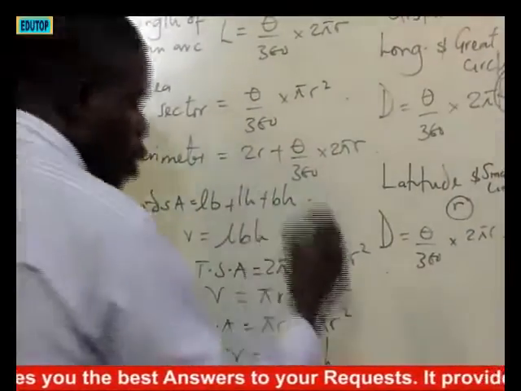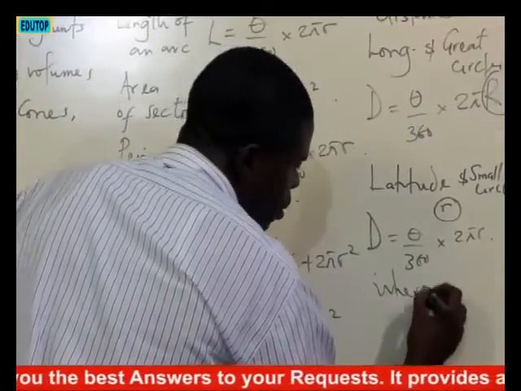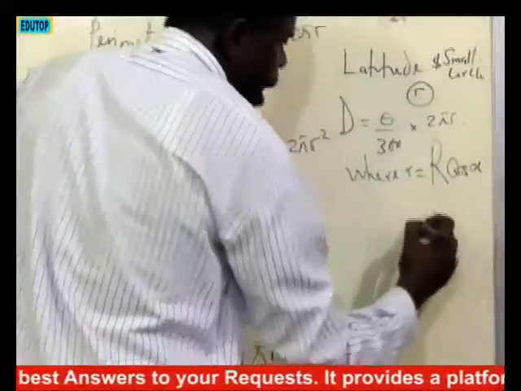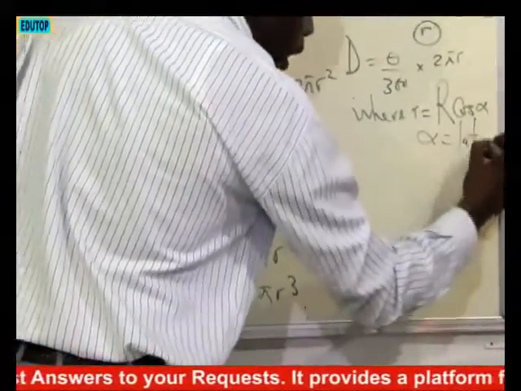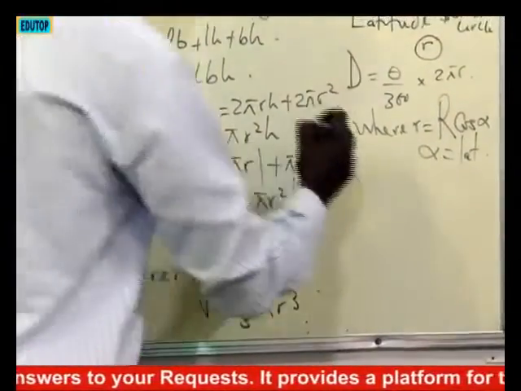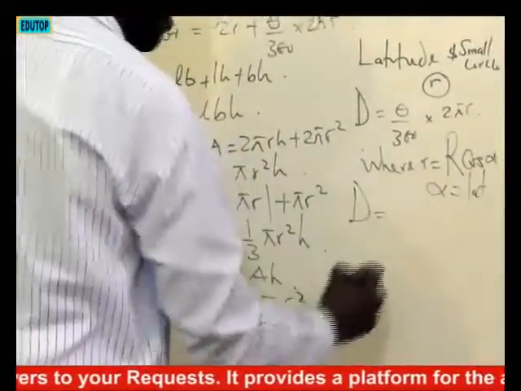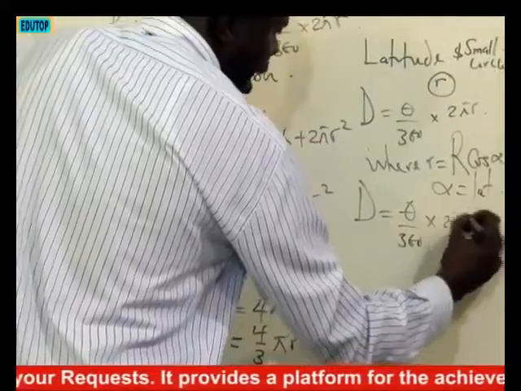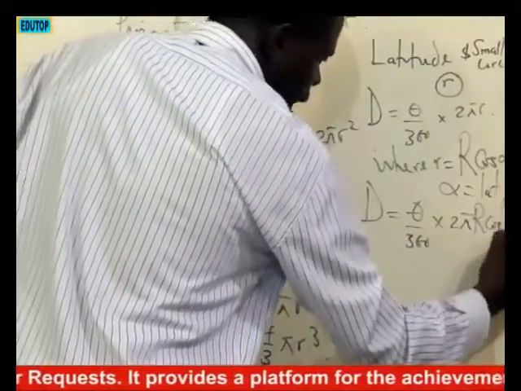Take note of that. Where small r is equal to what? Capital R cos alpha. Where your alpha is your what? Latitude. So that means it can be deduced that your distance at the end will be theta over 360 times 2 pi capital R cos latitude.